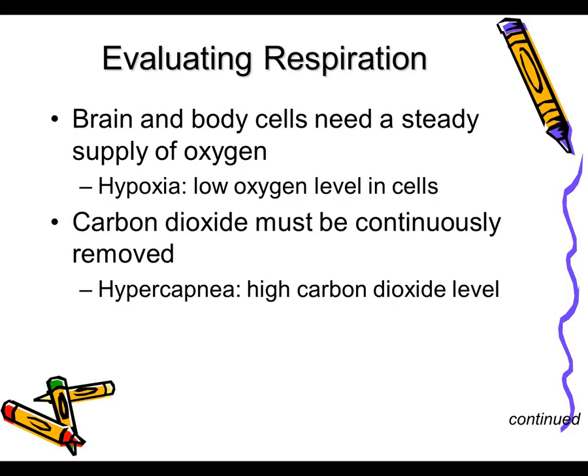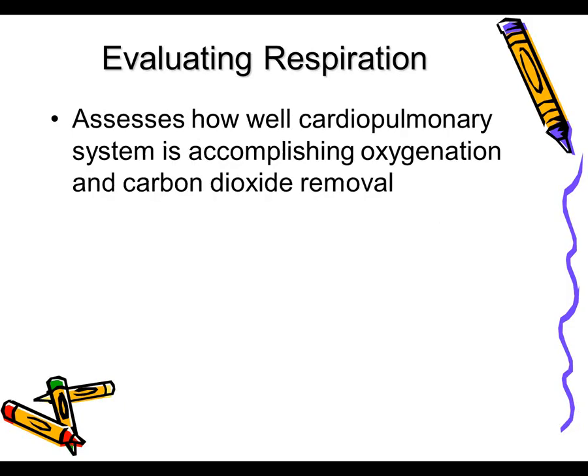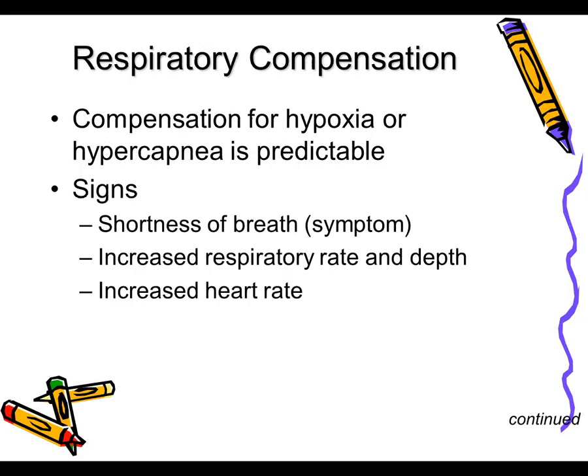And we know that through respiration, we not only add more oxygen into the system, but we get rid of carbon dioxide as well. The term for too much carbon dioxide in the system is called hypercapnia. When we're evaluating respirations, we're going to assess how well the cardiopulmonary system is accomplishing oxygen into the bloodstream and removal of carbon dioxide.